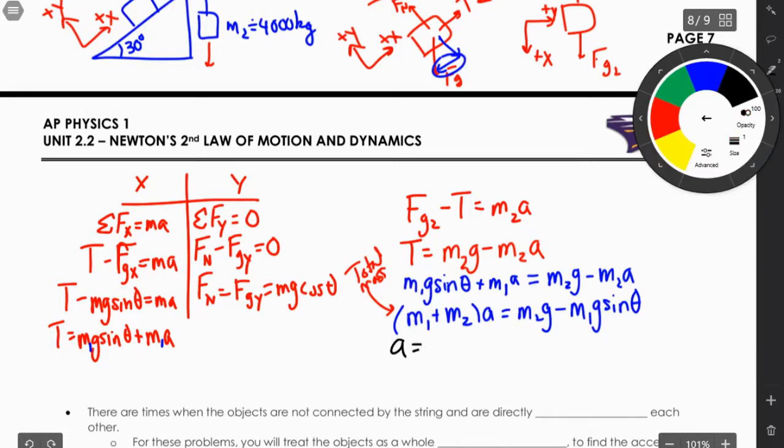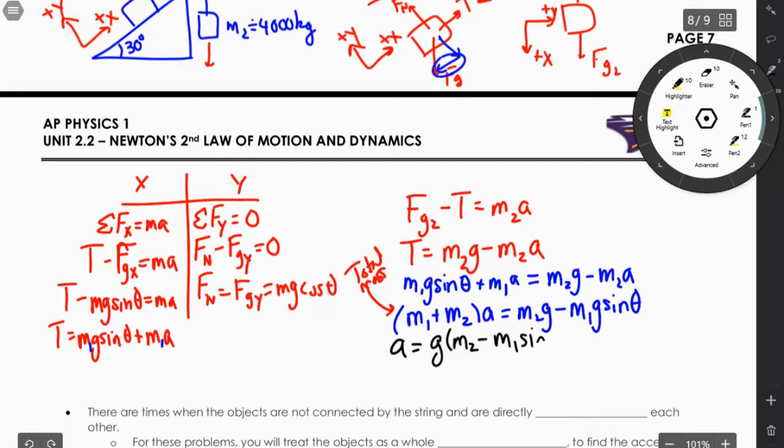Now we just finish this out by solving for A. We can clean it up to make it plug into our calculator a little bit easier, simply factoring out a G: A equals G times M2 minus M1 sine theta, over our total mass. Now you plug in your numbers. Let me find my calculator.